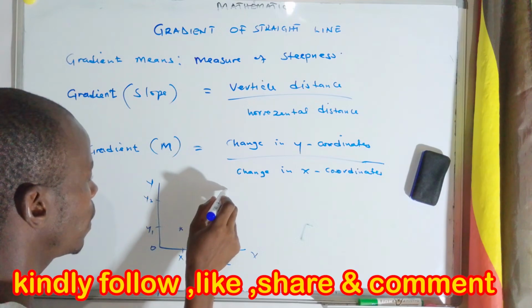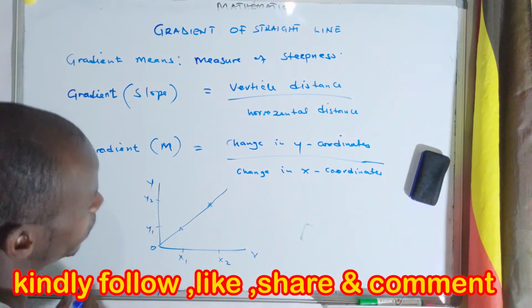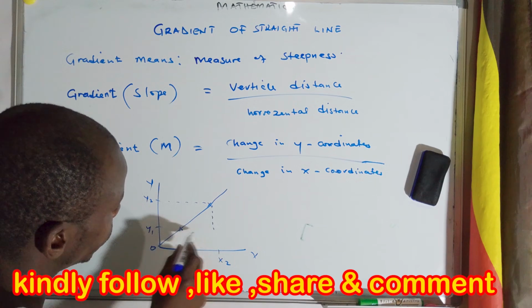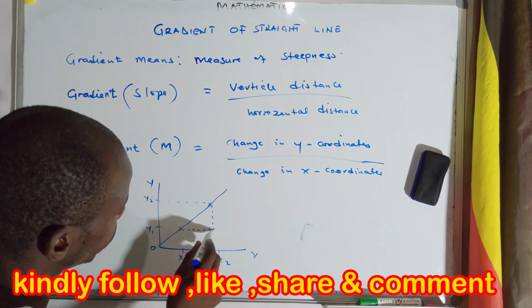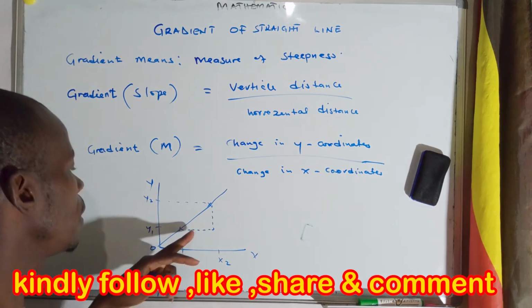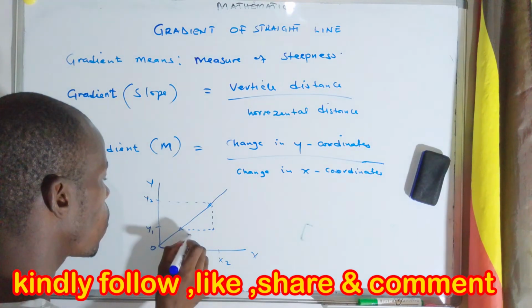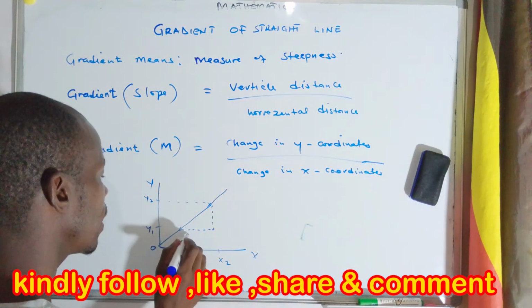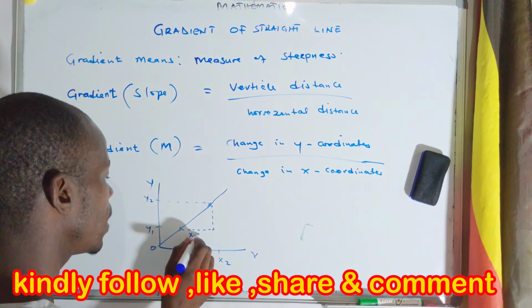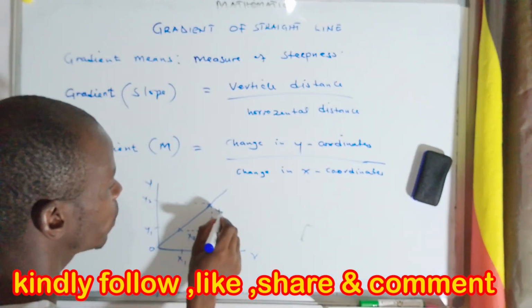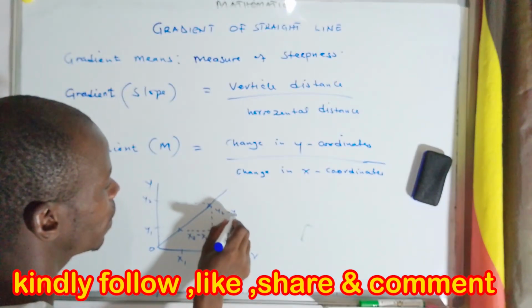If we draw our line like this, this change in the x axis is x2 minus x1, and this is y2 minus y1.